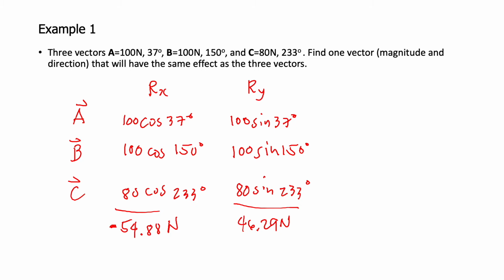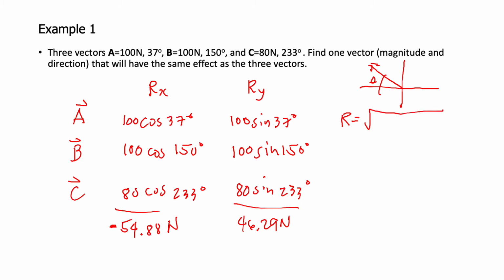So if you draw the resultant vector, it should be in the negative x direction and positive y direction. It can be like this. And then we have to know theta.